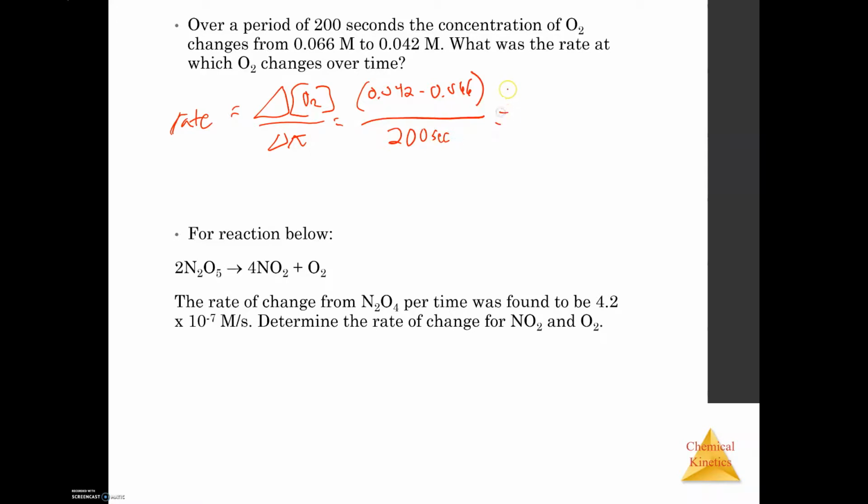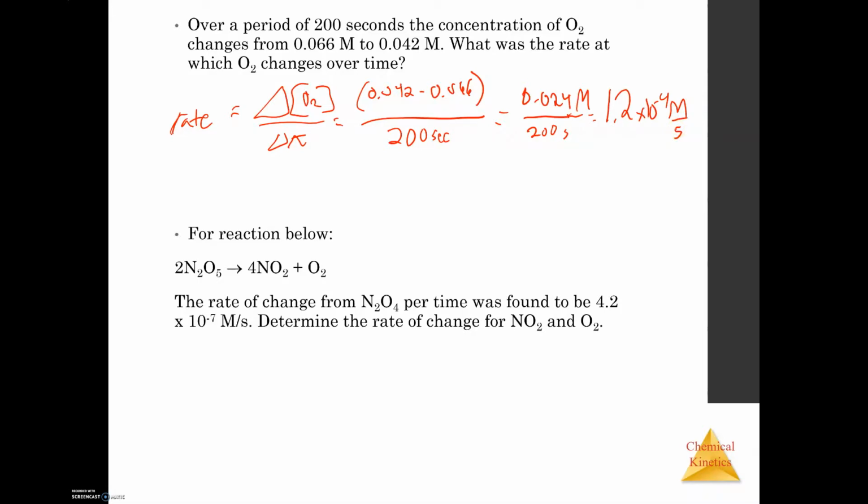So all we've got to do is take the math here, subtract these two and divide by 200. You're going to have 0.024 divided by 200 seconds, and you end up with 1.2 times 10 to the negative 4 molar per second.